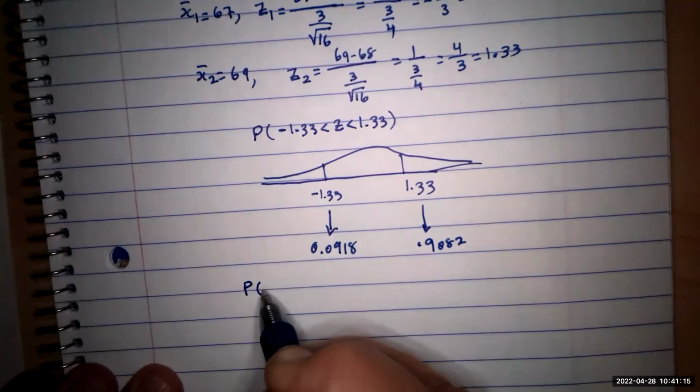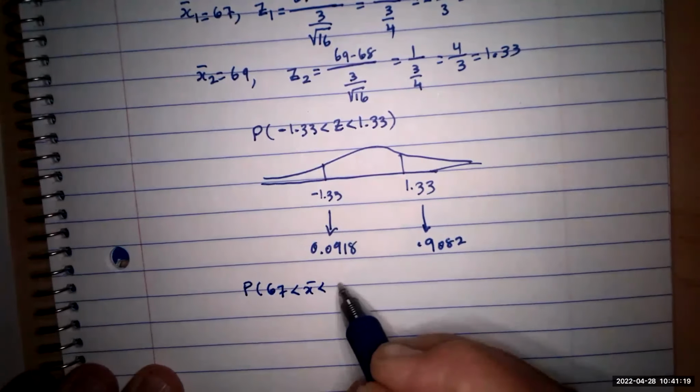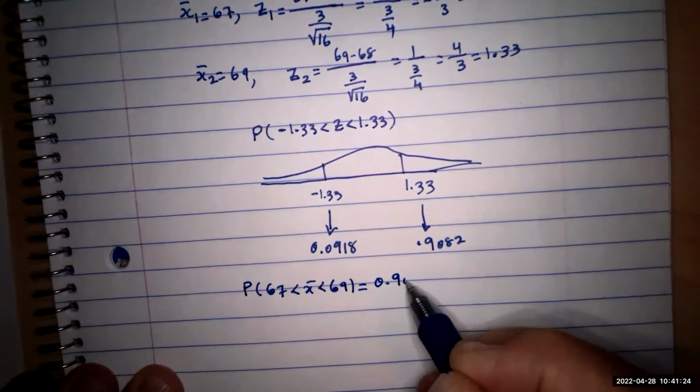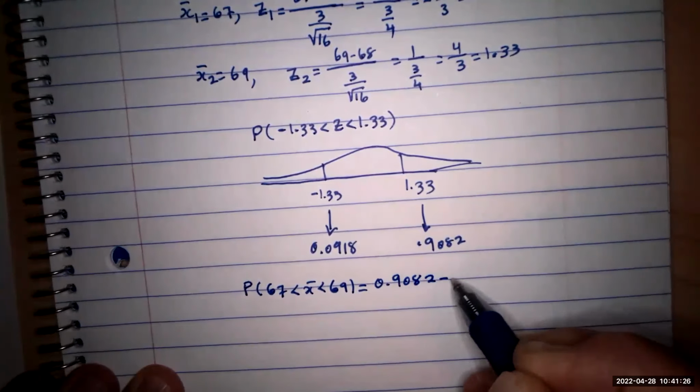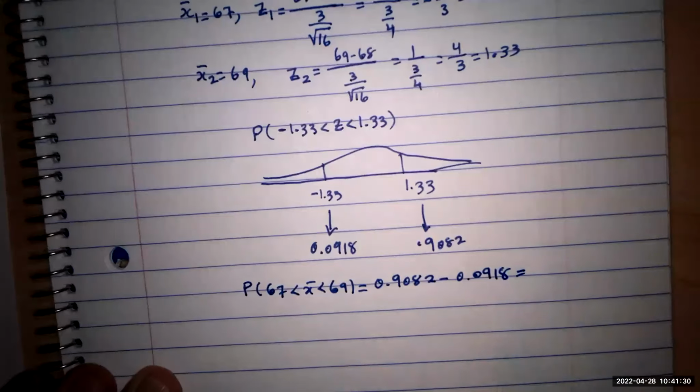So the probability that the mean height is going to be between 67 and 69 is going to be the difference. 0.9082 minus 0.0918.